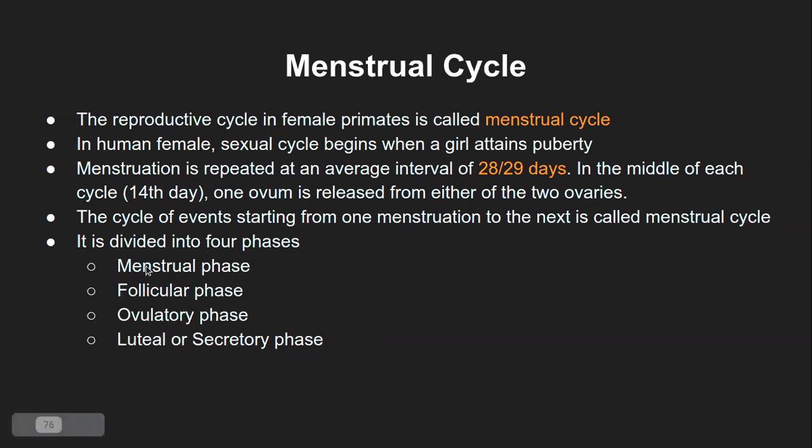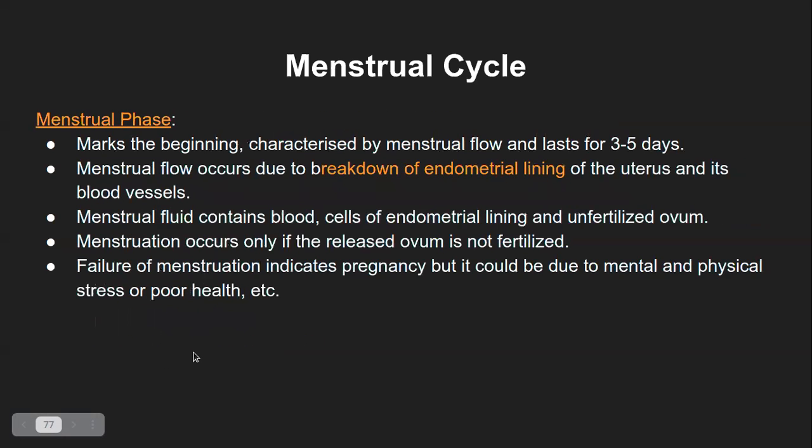But we will be starting with the menstrual phase and so on. You can use some terminology or analogy to remember this, MFOL, whatever way you want to remember it.